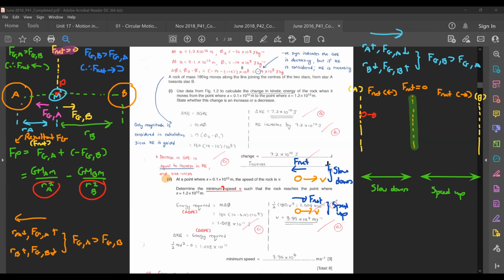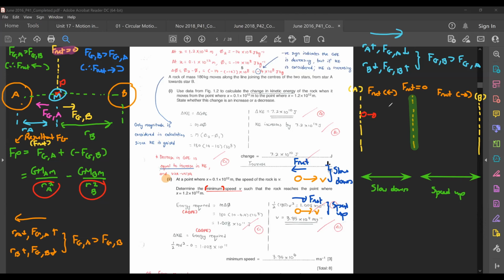Okay, so this is actually what is happening to your mass as you project it from star A to star B. It will slow down in the first part, and then after that, it will speed up in the other part. But the thing now is this. What do you suppose would happen if I don't project my object with sufficient speed, with a certain minimum speed?